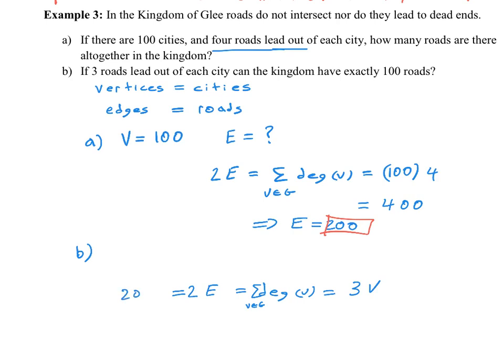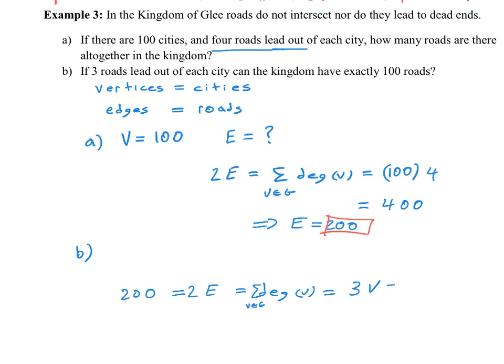So we would get 200 on the left-hand side, and now we have this question. Could we have 200 equal to 3 times a number? Well, this is really not possible because 200 is not a multiple of 3, but 3 times some integer is a multiple of 3. How about we use the mathematical notation of modular arithmetic to represent this contradiction?